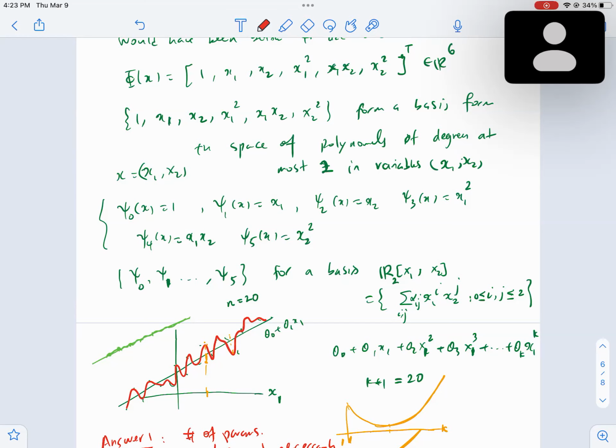The other approach is to pick a very large number and then use regularization to restrict your decision. That's the idea of regularization.